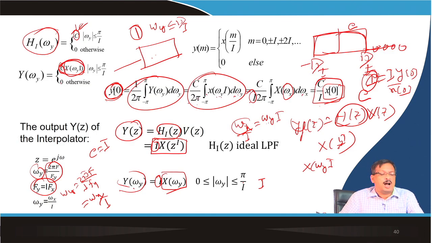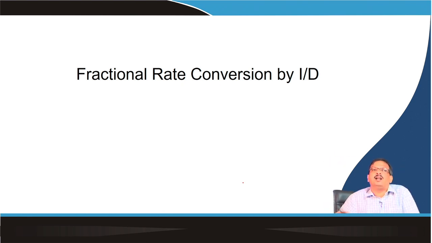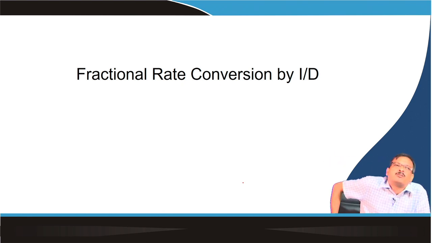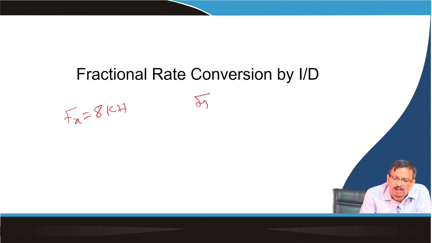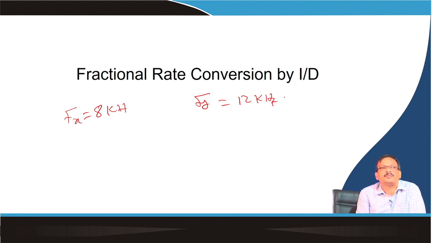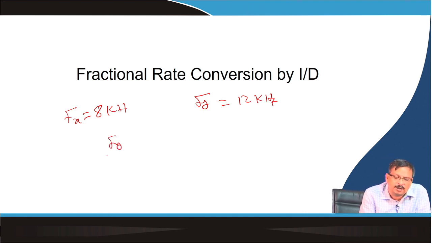Now I said upsampling, downsampling I know. Now I said fractional rate conversion. That means suppose I have fx equal to 8 kilohertz, and I want fy equal to 12 kilohertz. That means I know that fy by fx is equal to 12 by 8, which is nothing but 3 by 2.